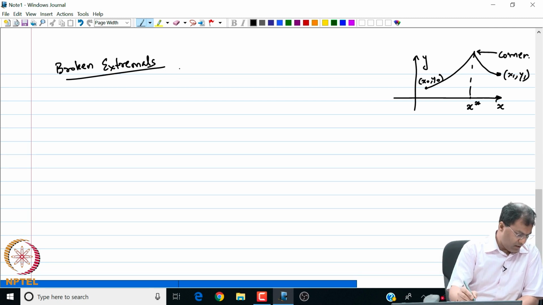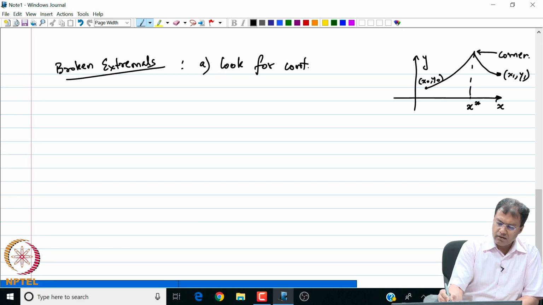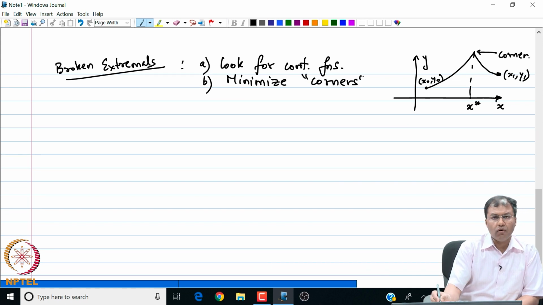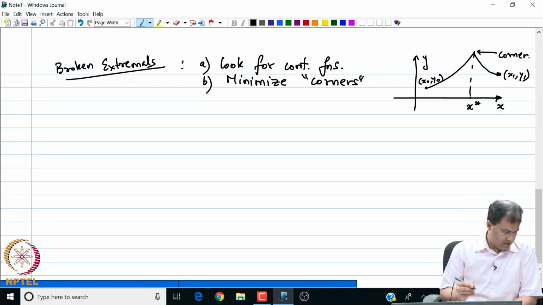So, in broken extremals we look for continuous functions, and we try to minimize corners. The fewer the number of corners, the better it is for us. Okay.